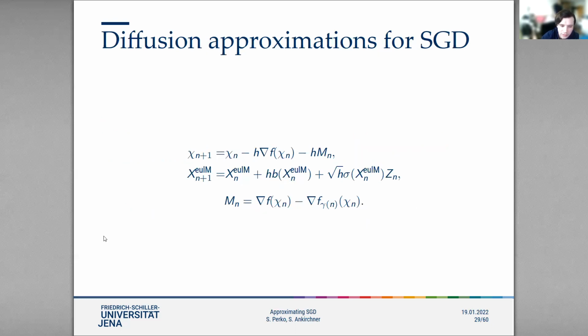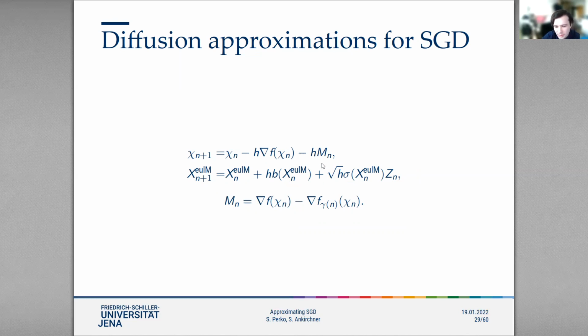Now that we know about the Euler-Maruyama method and SDEs, we can derive the diffusion approximation for SGD. So I've written down, first of all, the SGD iterations, and then below that, the Euler method. And if we look at this, we see that we should set b equal to minus nabla of F. And by looking at the expectation, and if we look at the variance of these two iterations, we can also find a reasonable definition for this sigma.